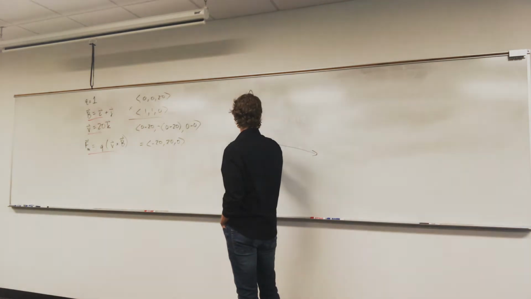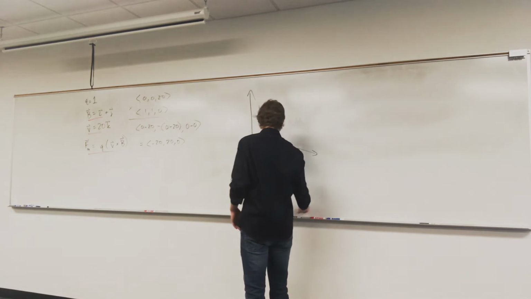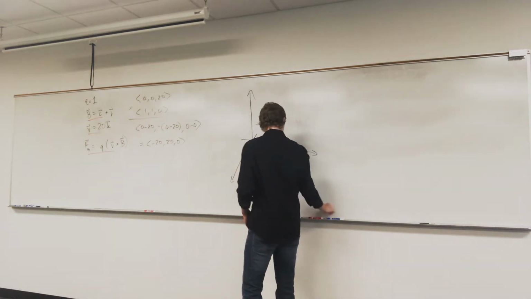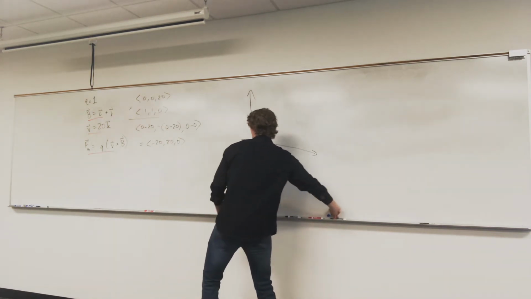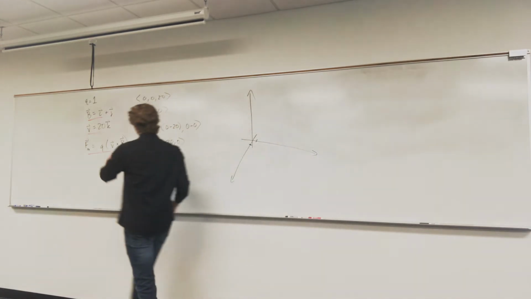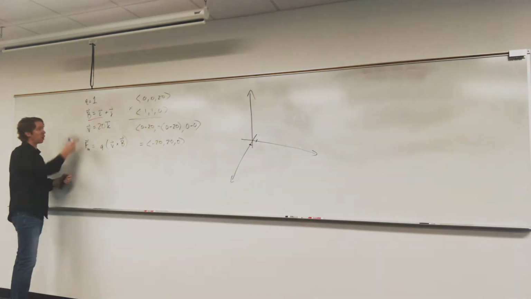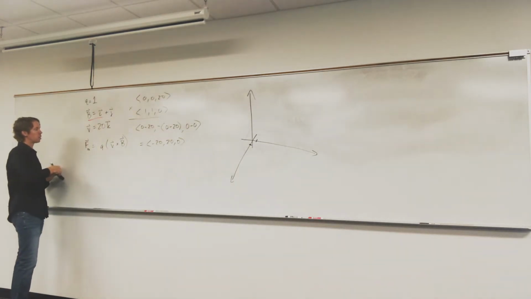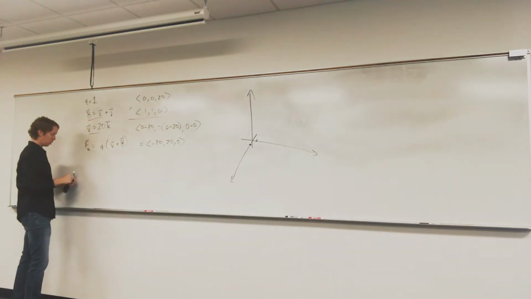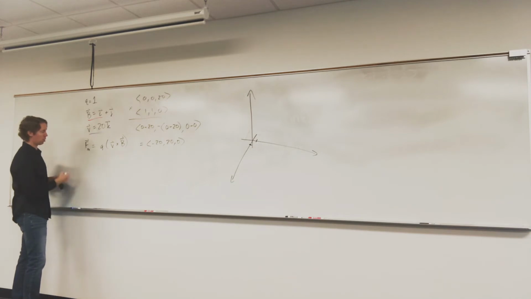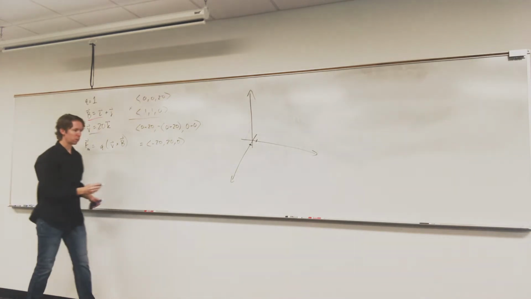It goes 1 unit in the X, 1 unit in the Y. So let's color code this. I'll do this one red, and then this blue, and this other one green. Help us visualize it a little bit.